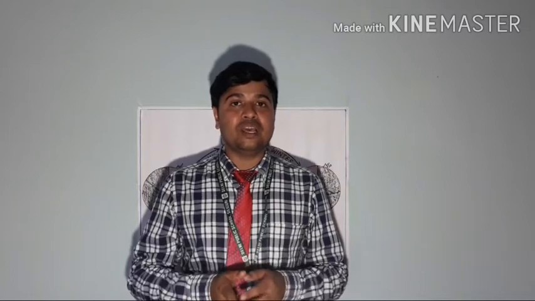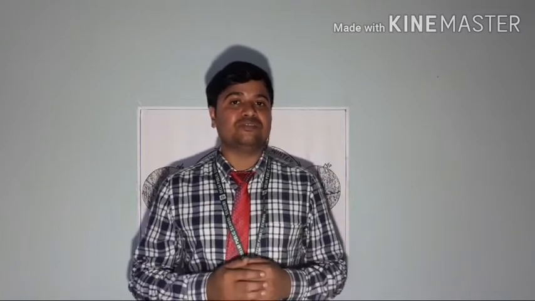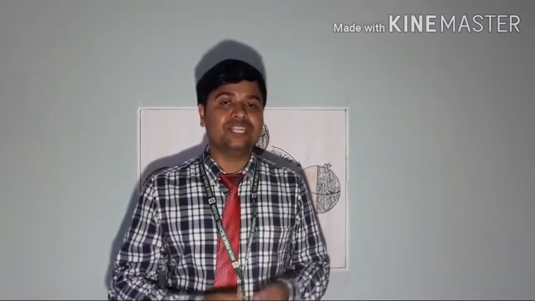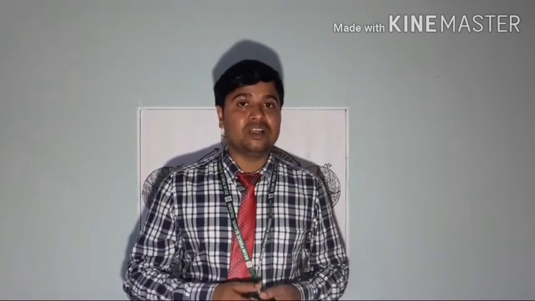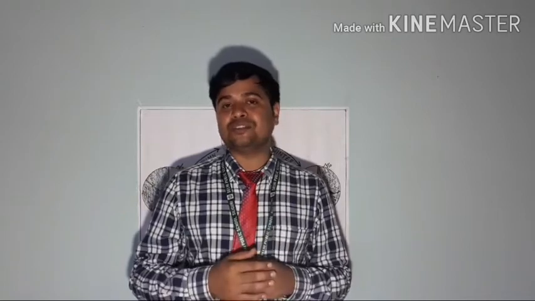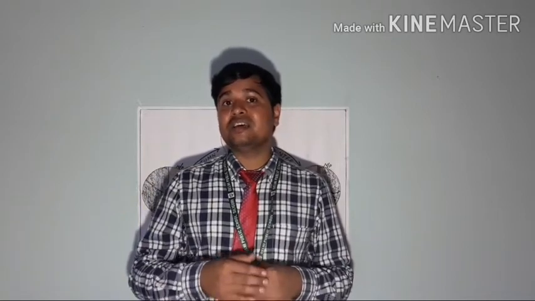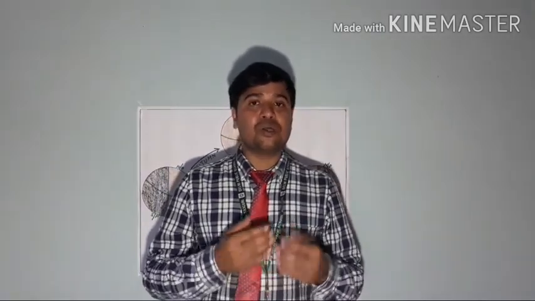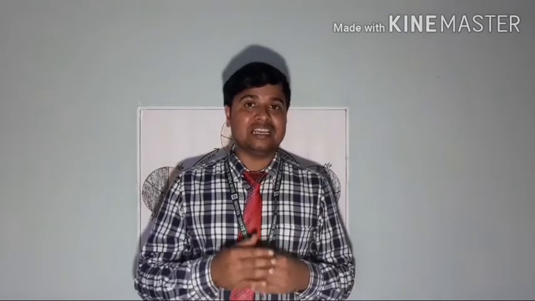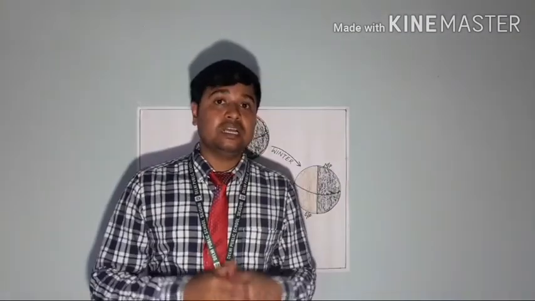So when the northern hemisphere experiences summer, at that time the southern hemisphere experiences winter, and when the northern hemisphere experiences winter, at that time the southern hemisphere experiences summer. So you learn how with the different hemispheres we have a difference in season.